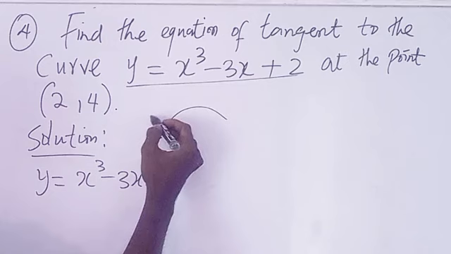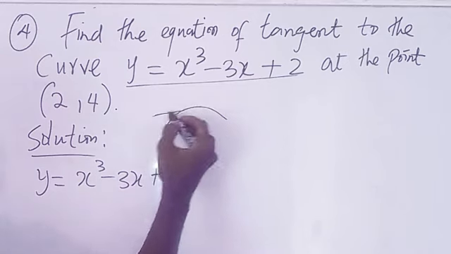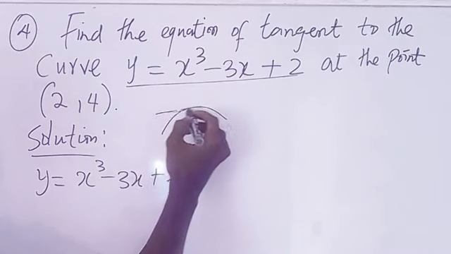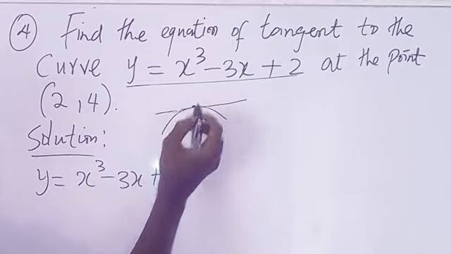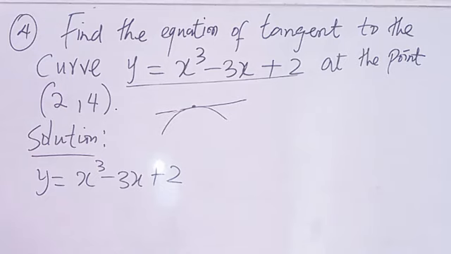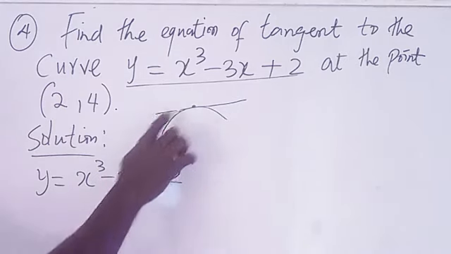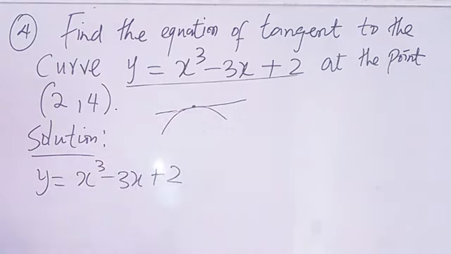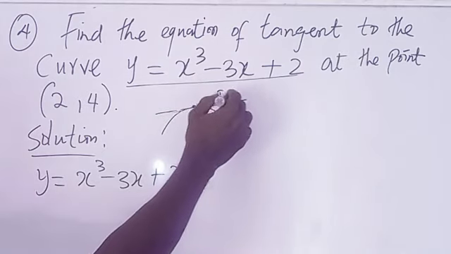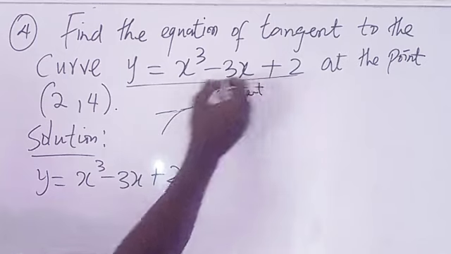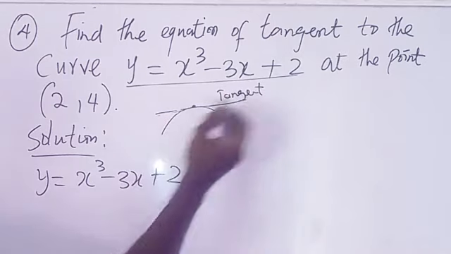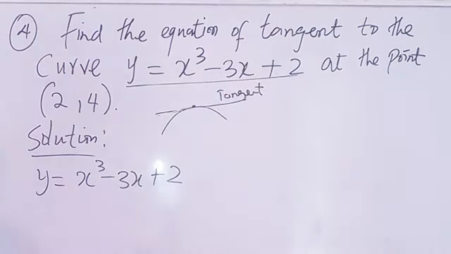The tangent means a straight line that is touching the curve at this point here. This line is called the tangent, and we want to know the equation of this line. So that's what they mean by tangent.